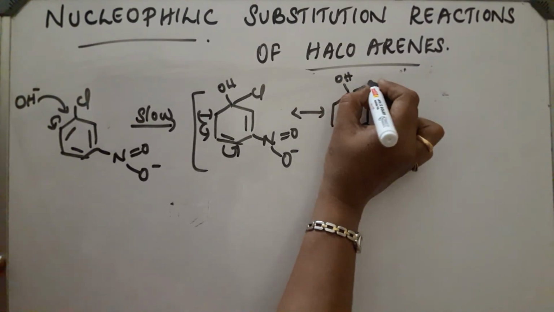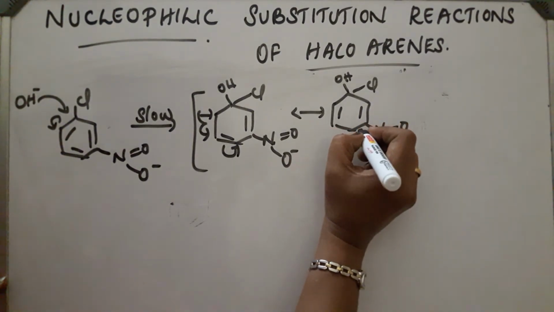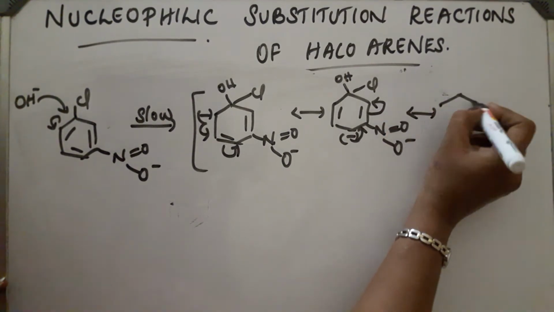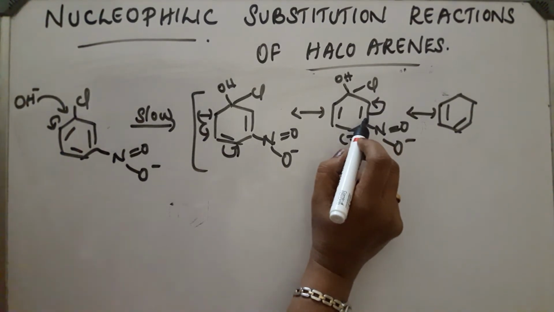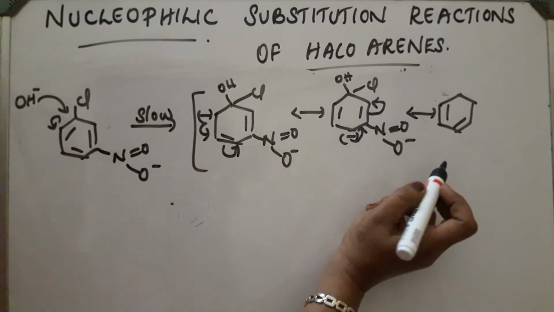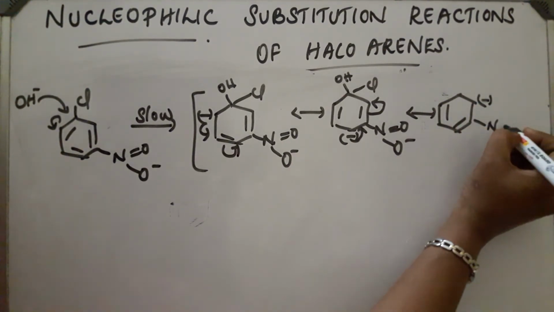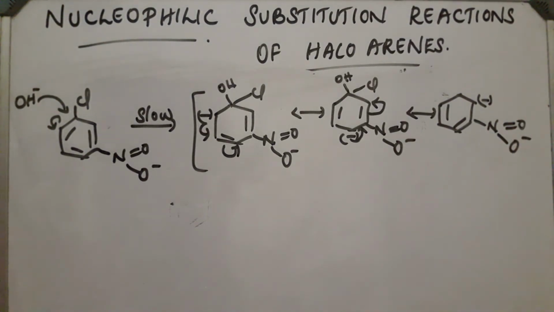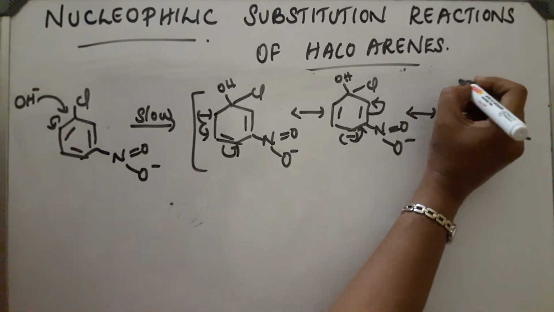Now it shifts here. So we can see that here there is no negative charge at the meta position, so NO2 will not withdraw the electrons from the ring. There will be no change in the reactivity if NO2 comes in the meta position.